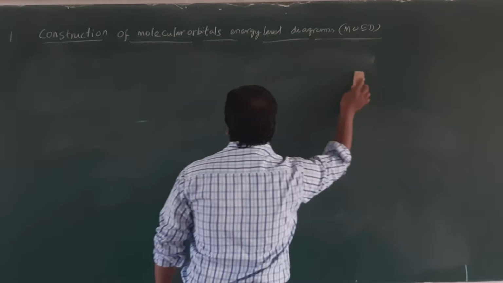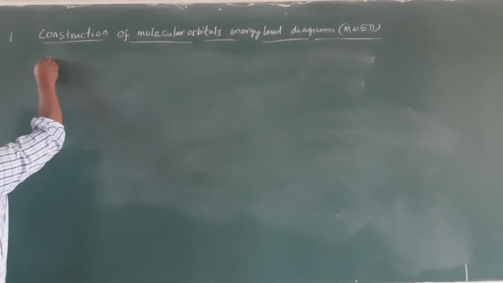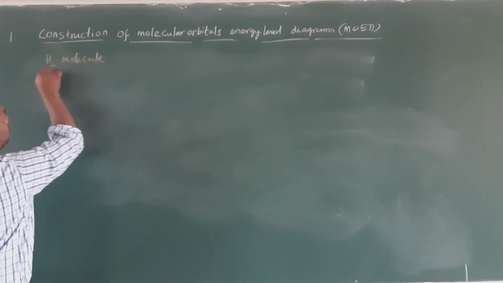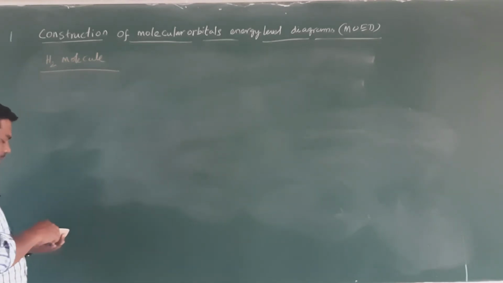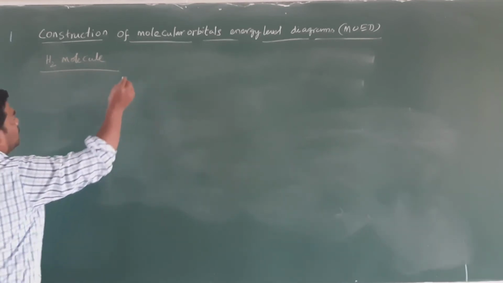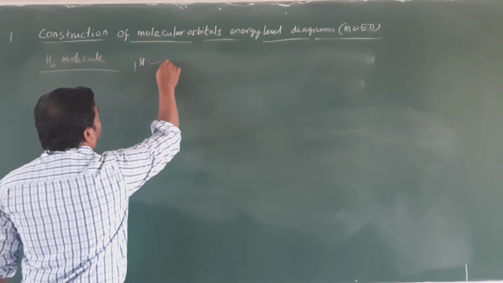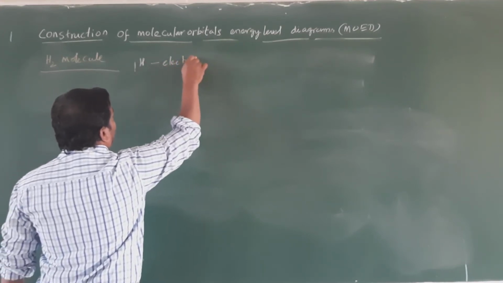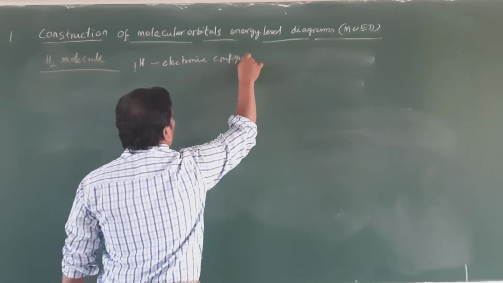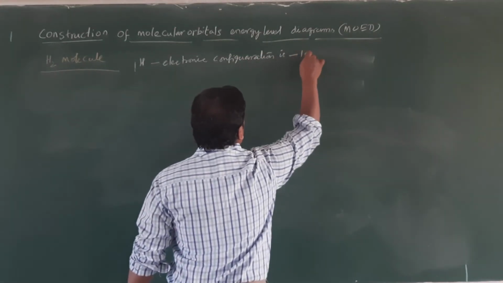Next we will construct the simple molecular orbital energy level diagram of the H2 molecule. First, we will write the basic information about H2. Hydrogen has atomic number 1, so its electronic configuration is 1s1.